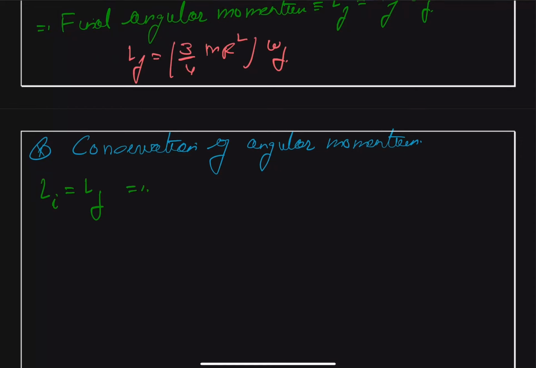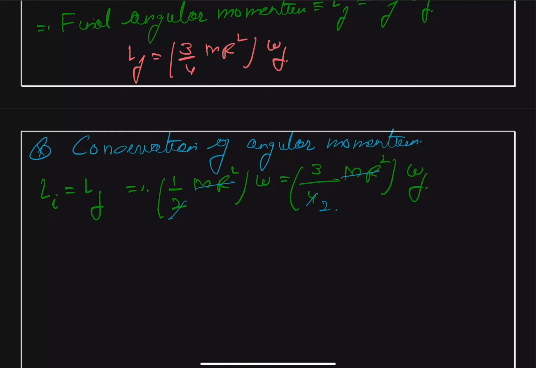So we get this as our 1/2 mr square times omega is equal to 3/4 mr square times omega f. And mr square goes away, this 4 goes by 2.